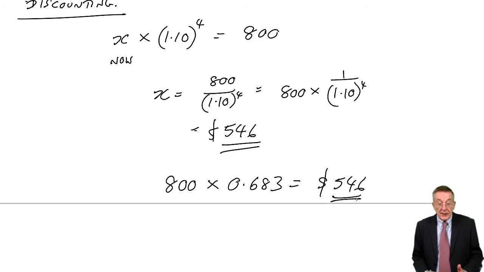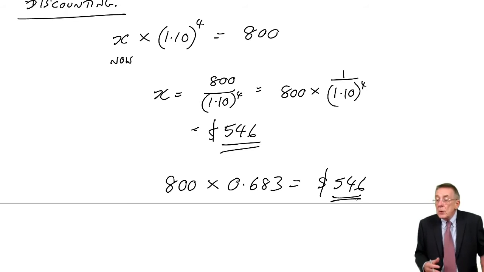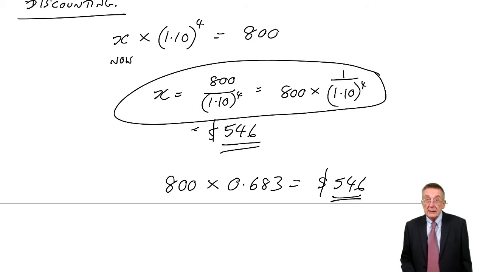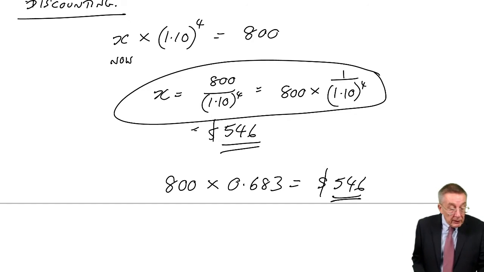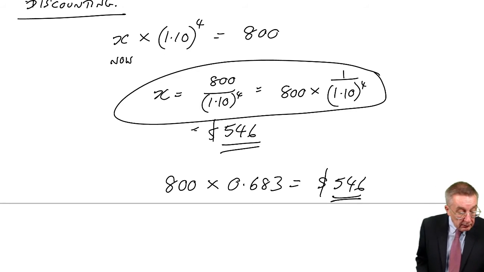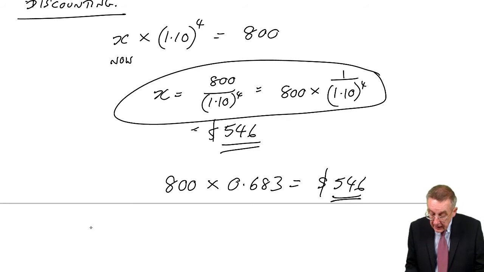But if you were asked to do it at 25%, you can't use tables. You would have to do it using the formula. But the formula is given you at the top. It says in the very first line of the tables, present value of 1, i.e. they write it as 1 plus r to the minus n.